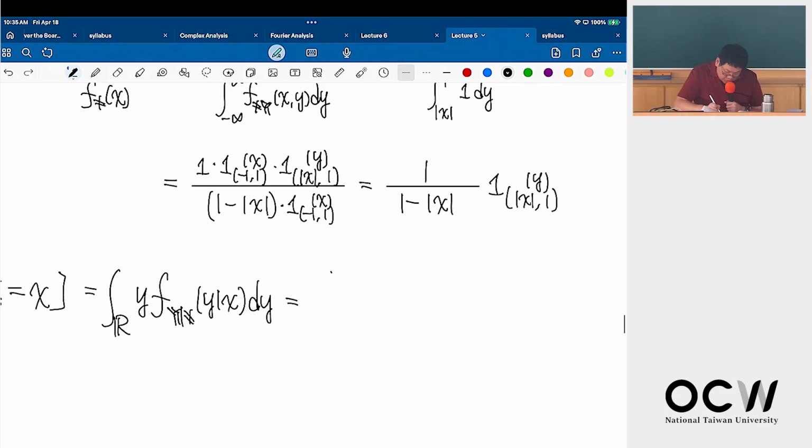So y is from the absolute value of x to 1, y divided by 1 minus absolute value of x, dy.